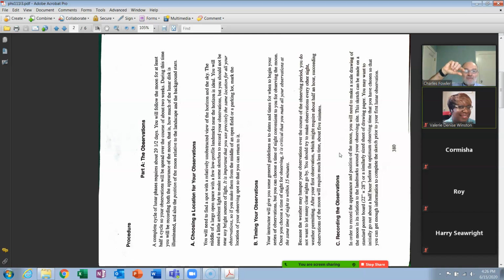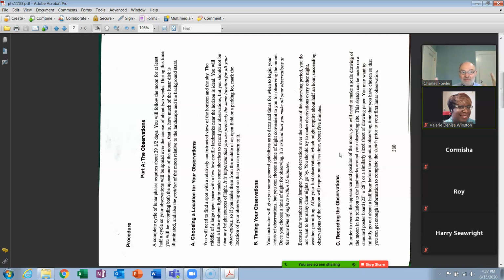Over 2 week periods, it will go from a crescent and grow to a half moon, to bigger, until it gets to a full moon, and start decreasing again. Or it will go through some cycle like that. It depends on when you start. If you started in the early morning hours, you would have seen a very thin crescent at one time, and then it's getting thicker, and then at some point you won't be able to see it.